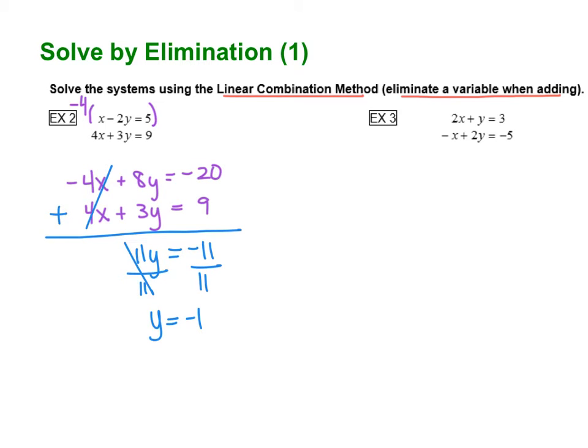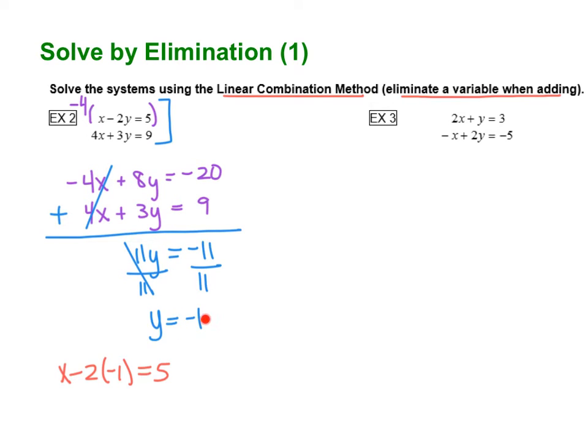Now to get the other answer, we just have to take the -1 and plug it back into one of these two equations. It doesn't matter which one, just go back to one of the originals, whatever one seems easier. I'm going to go ahead and plug into that top one: x minus 2 times, now that I know the y, let's plug in a -1 for the y, equals 5. So you can see I just took this top equation up here.